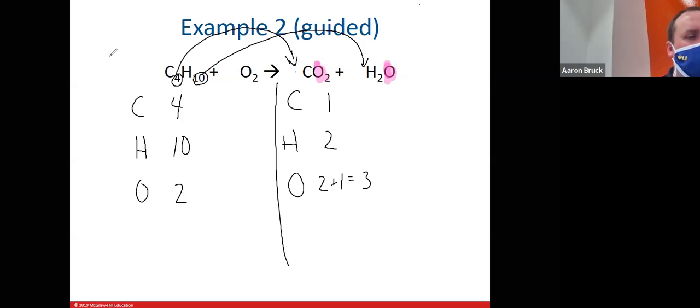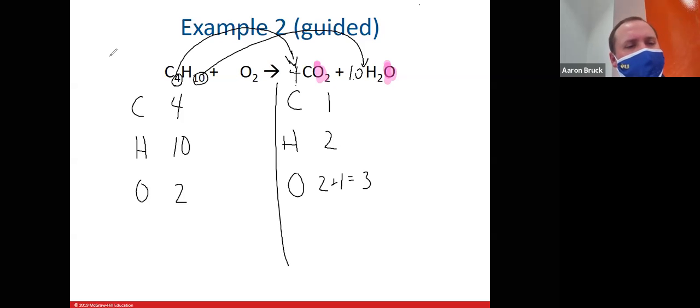And so what I'm going to do is make this a 4 and this a 10 based upon those subscripts. Now, those may not be the final numbers, but they might provide us a little bit more clarity in terms of what to do next. And that's really important for us.